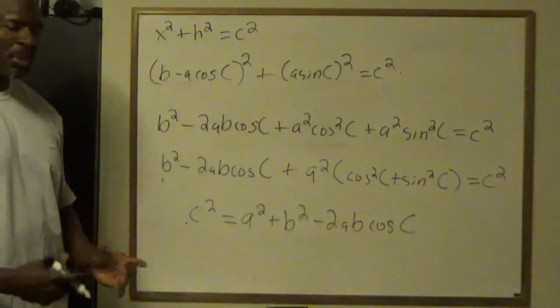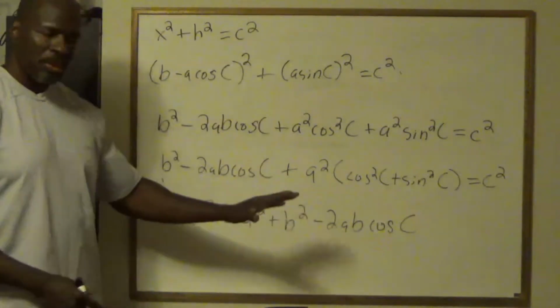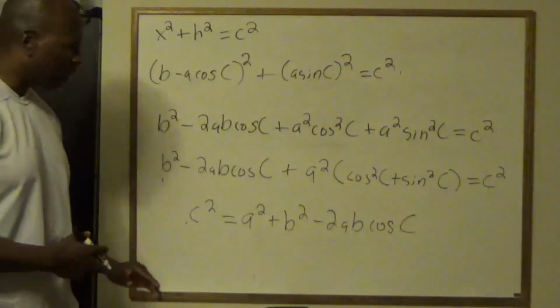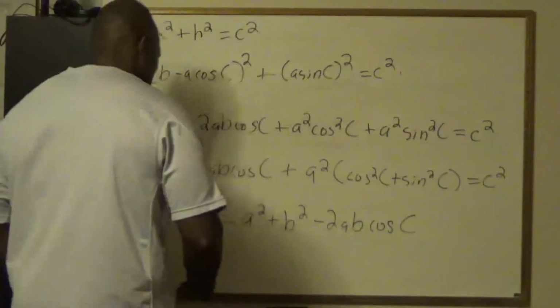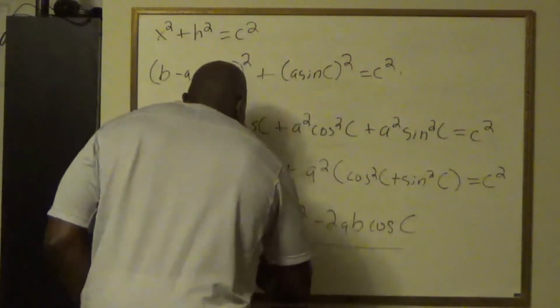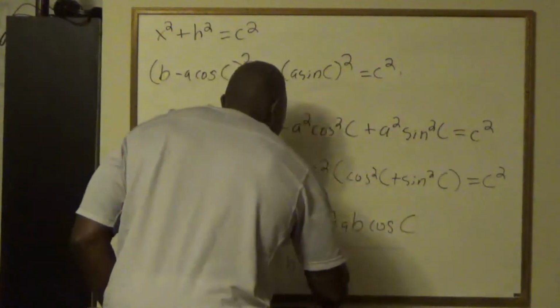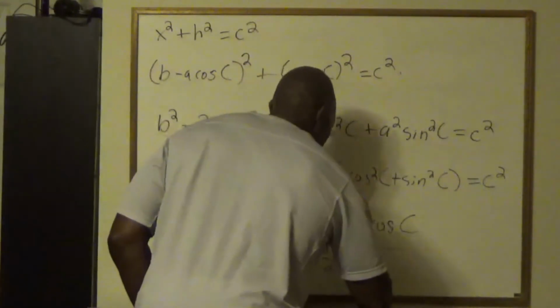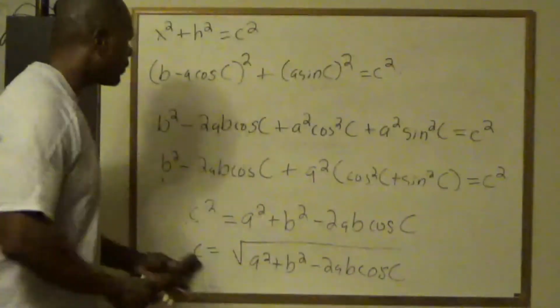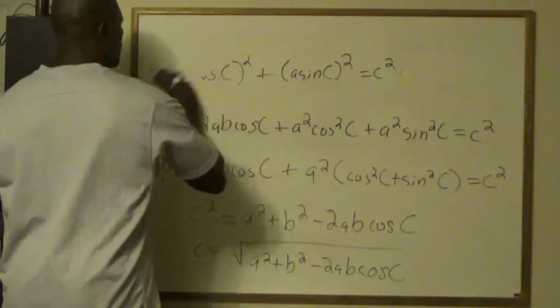In most textbooks it's written as c squared equals, but since we're actually solving for c and not really solving for c squared, I like to write the formula as c equals the square root of a squared plus b squared minus 2ab times cosine c. Now that's just the formula for c, of course.